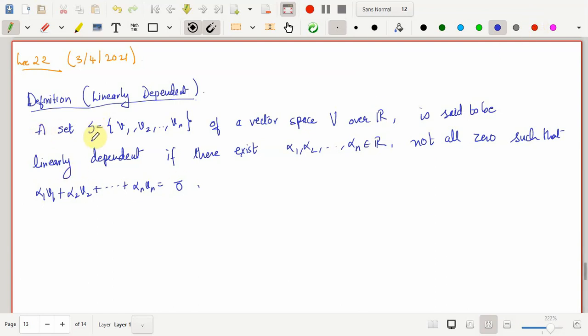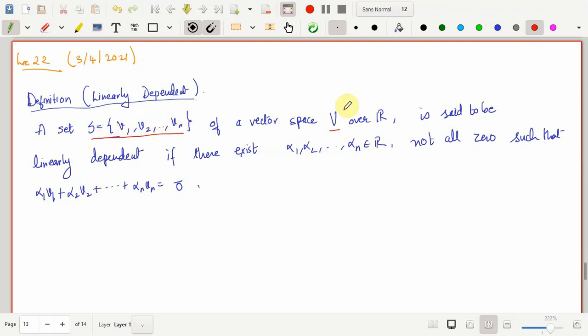A finite set of vectors v1, v2, ..., vn of a vector space V. Now depending on what this V is, we will have those vectors v1, v2, ..., vn.